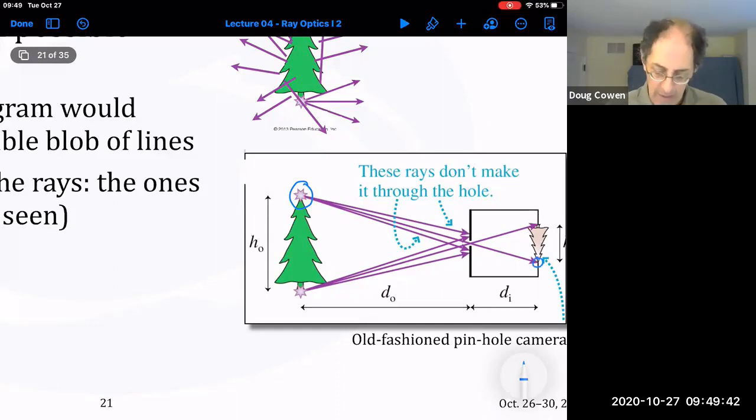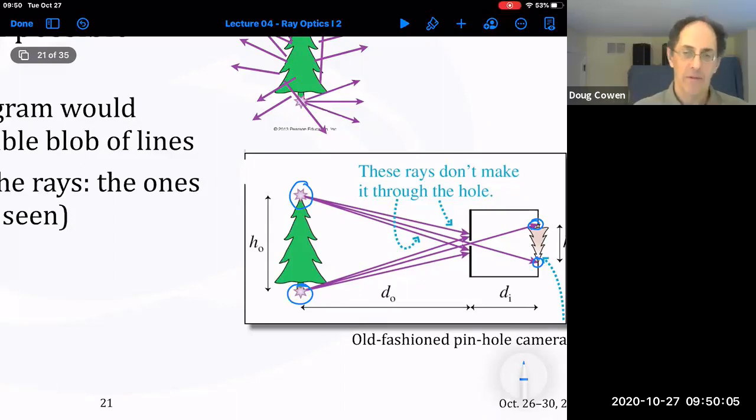And in a similar way, you can think of the light that's coming from the trunk of the tree, and it will end up here at the top of the image in the pinhole camera. So immediately from this very simple diagram using light rays, you can tell that the image is going to be inverted. So in other words, the tree is going to be upside down.